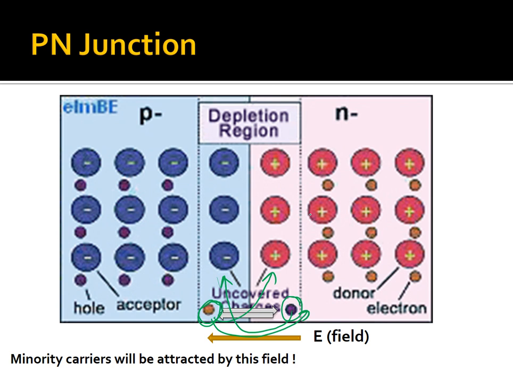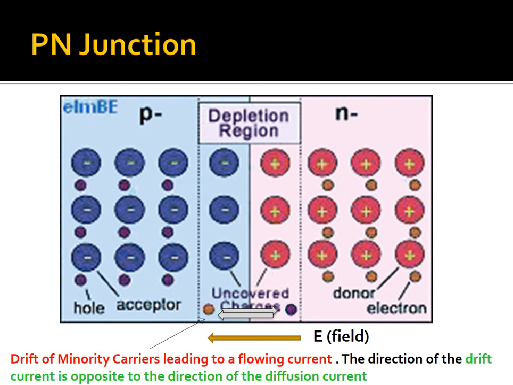So this drifting of the minority carriers gives us another current which we call drift current. Under thermal stability, the majority carrier current, the diffusion current, will be equal to the drift current, the current flowing through the minority charge carriers.